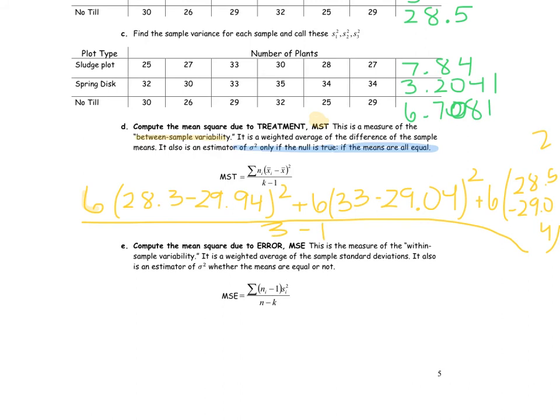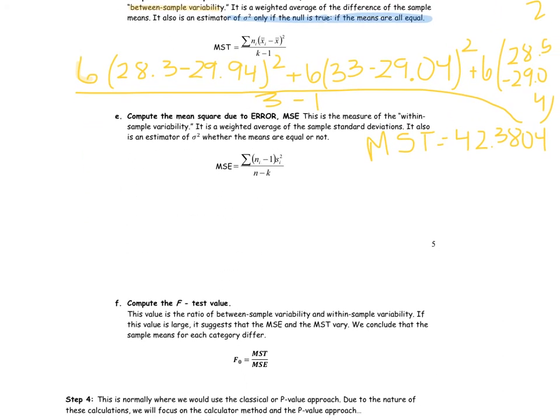So 3 minus 1. All right. If you do that on our calculator, the between sample variability, the MST, is 42.3804.